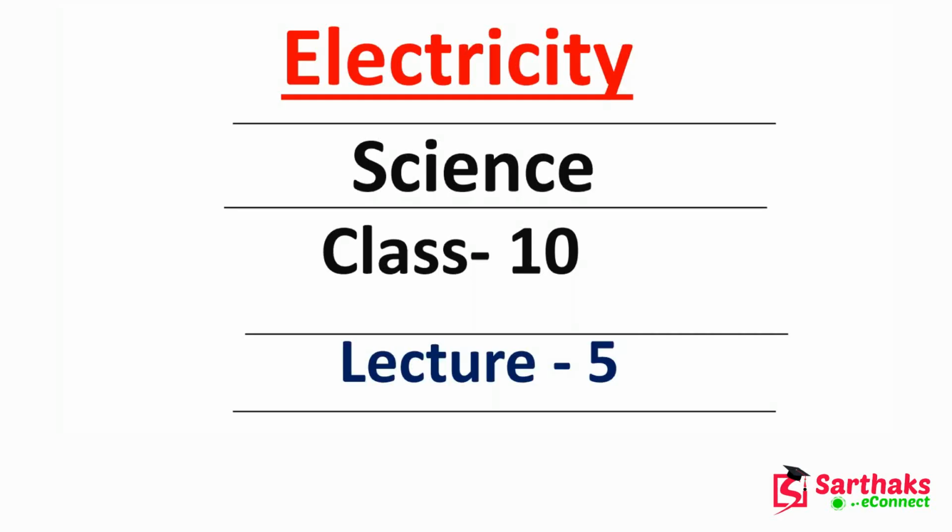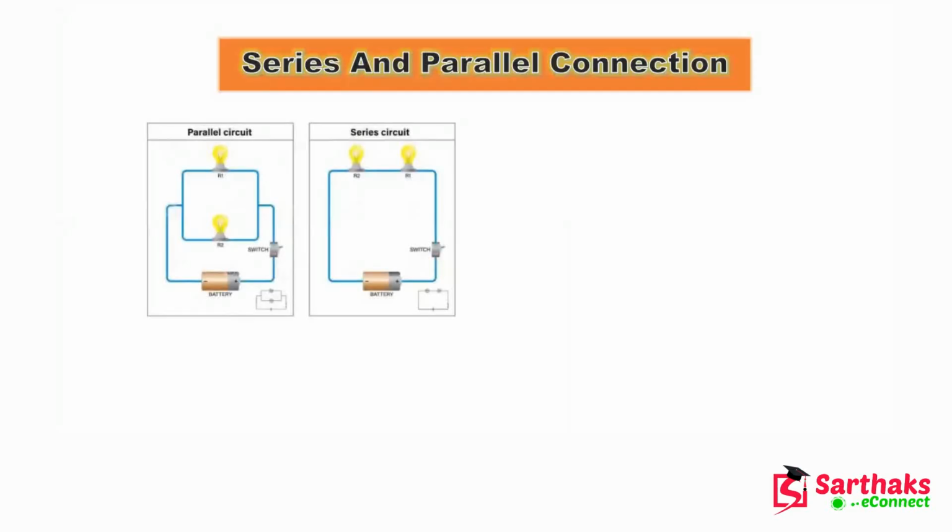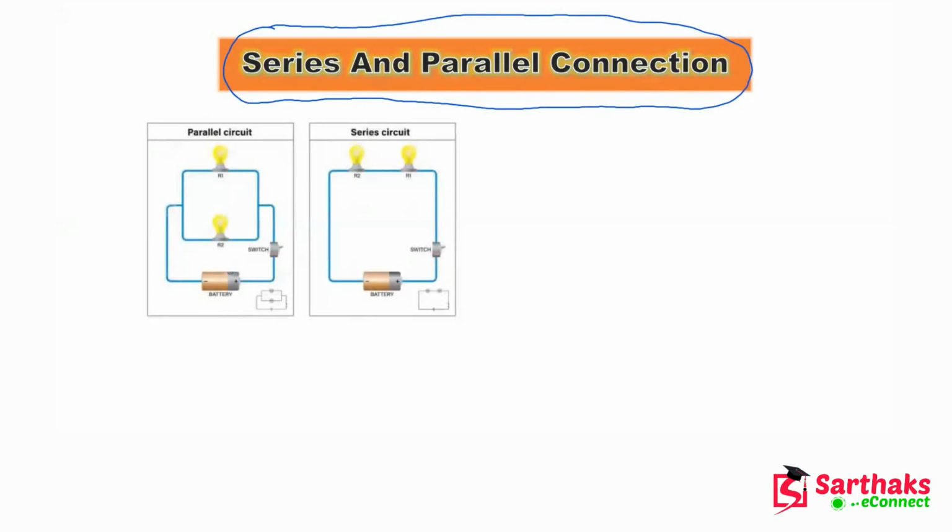This is lecture number 5 of chapter Electricity. Let's begin this lecture without wasting our time. Here we will be discussing the series and parallel connection. You might be thinking that I also discussed these two terms in our previous lectures.